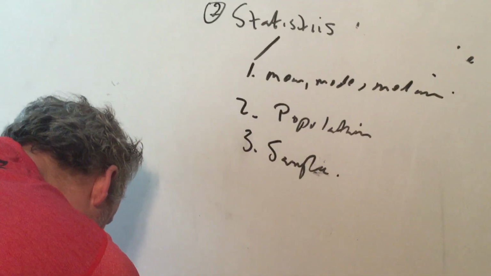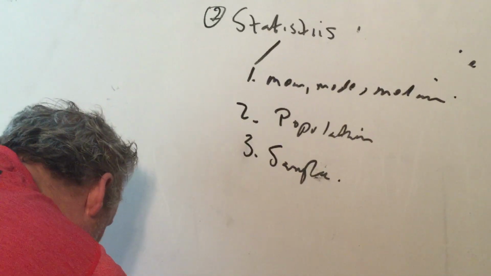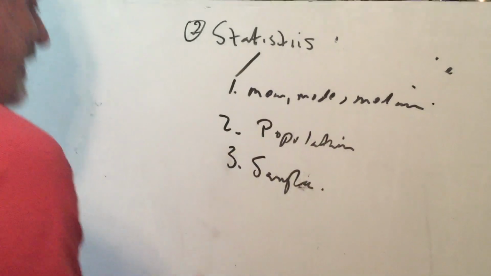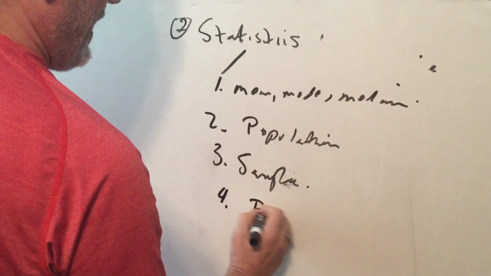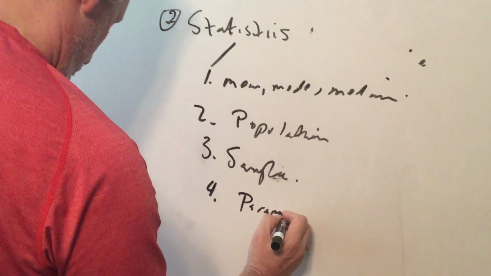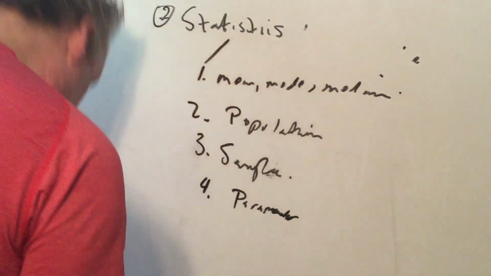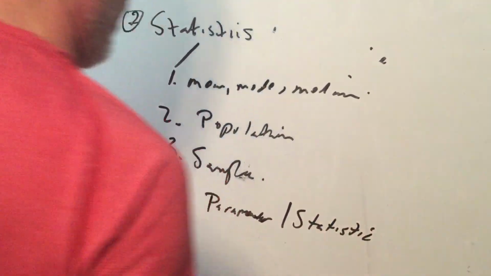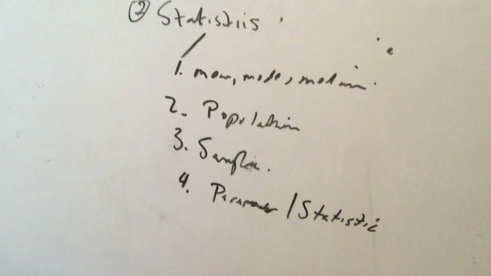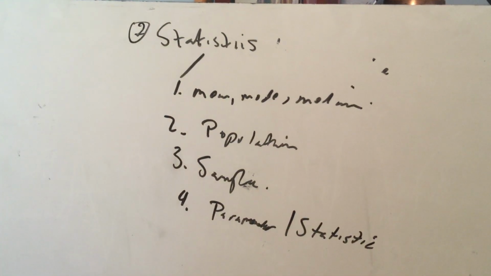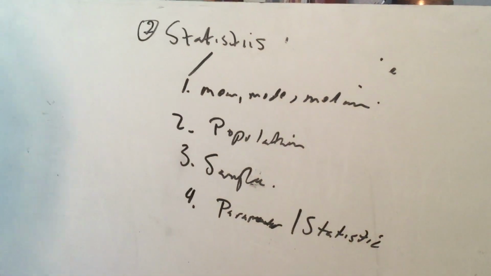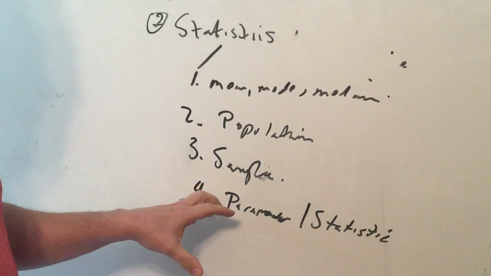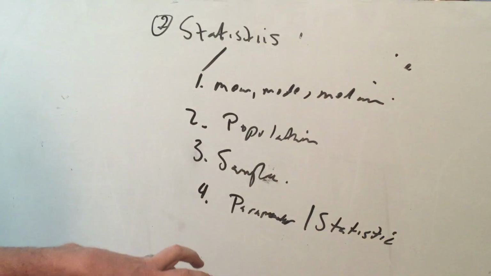Okay, nice, easy, beautiful. Next, the difference between a parameter versus a statistic. What is the difference between a parameter and a statistic? One is the sample of the population.